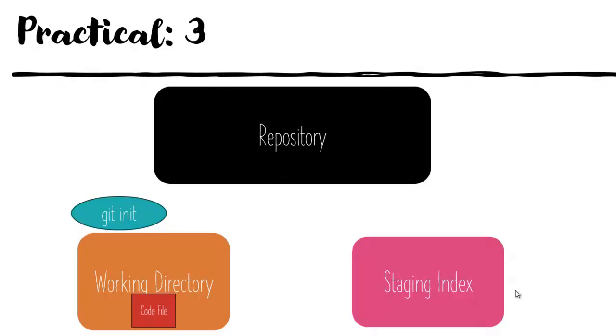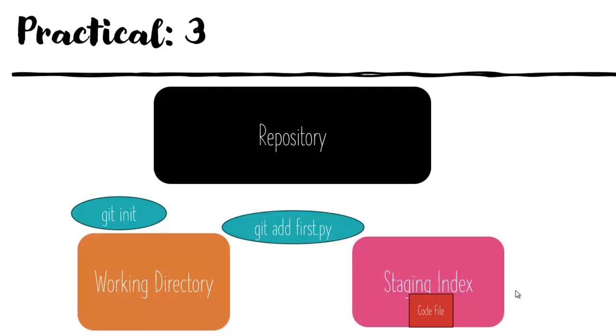Second step, stage files. So this is our code file that we have to put inside the staging area. So we have to add the files that we want to track to the staging area using this particular command, git add file name. If you want to add all the files, you have to write git add dot. Dot means all the files, right?